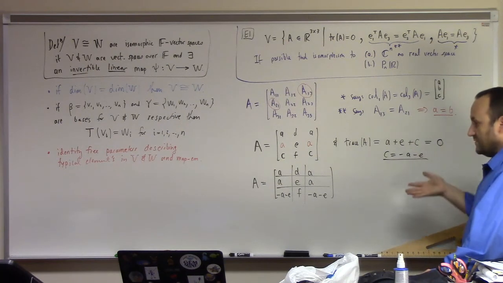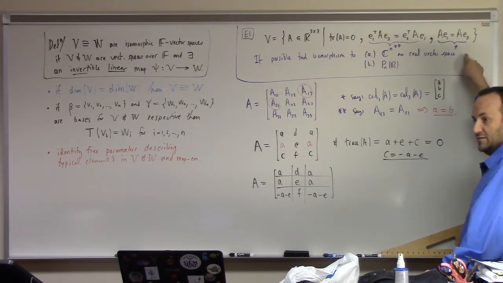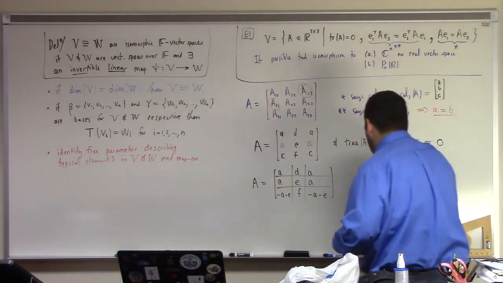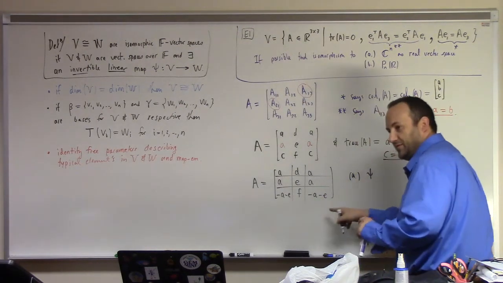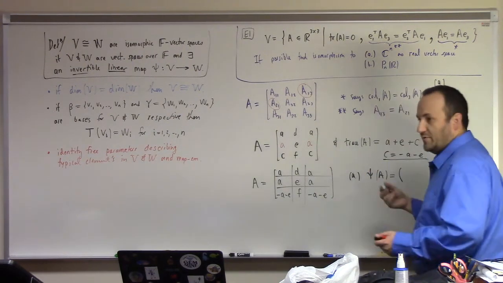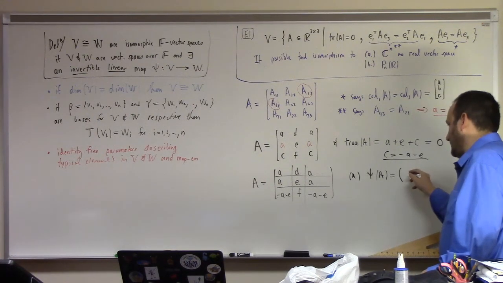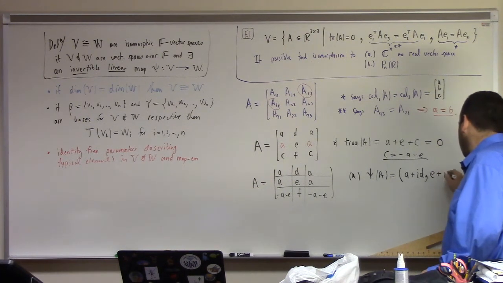All right. But anyway, what's the isomorphism? Is it possible to find an isomorphism to C^n? Absolutely. So for part A, keeping with this formula right here, I would just say psi of A equals, and then I just build a typical element in C2 using the parameters, right? So here, I'll do it. a plus i d, comma, e plus i f.